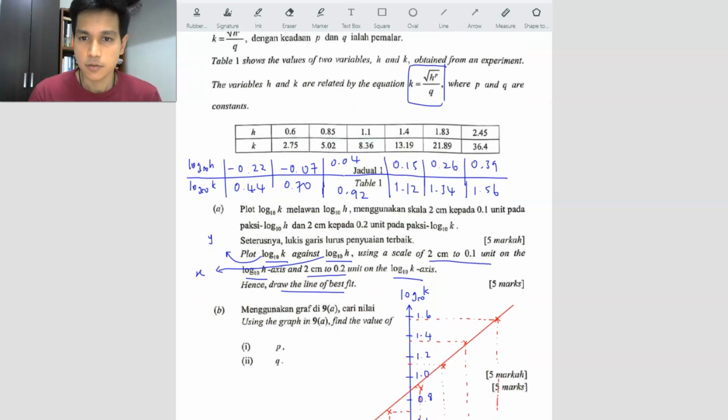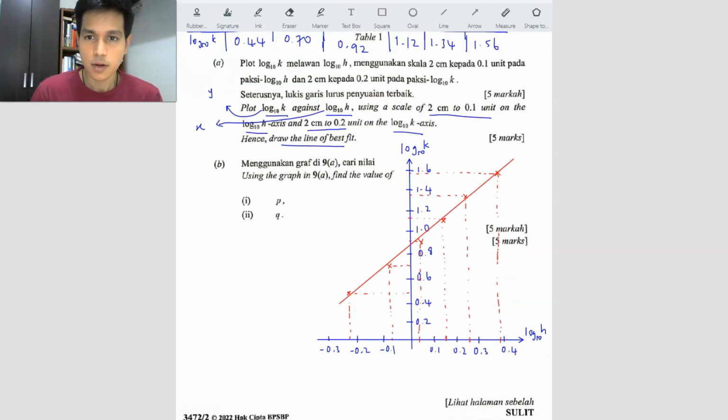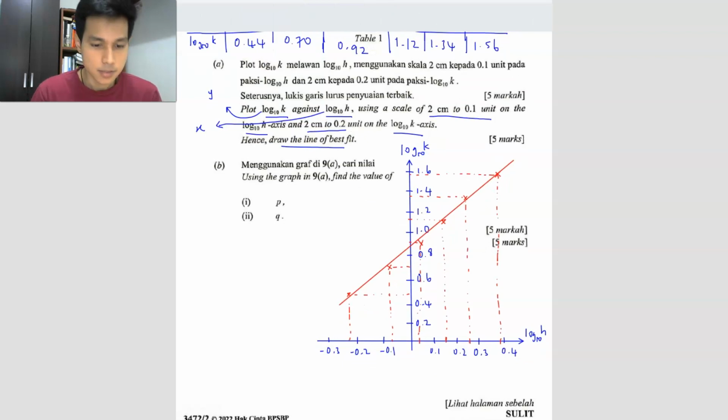Okay, so based on the graph, how can we find the intercept? The intercept is here, right? So what value is that? Based on my own calculation, the intercept that I got is 0.84. Okay, 0.84.